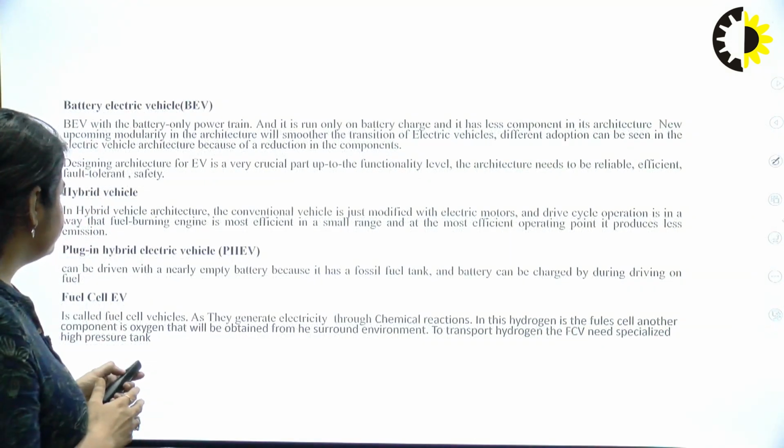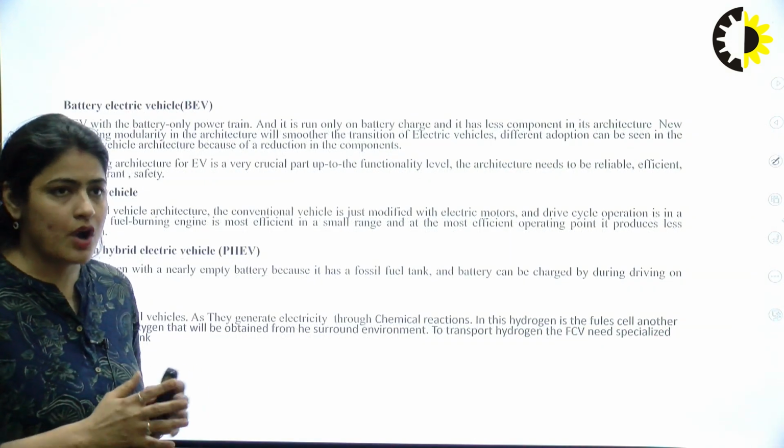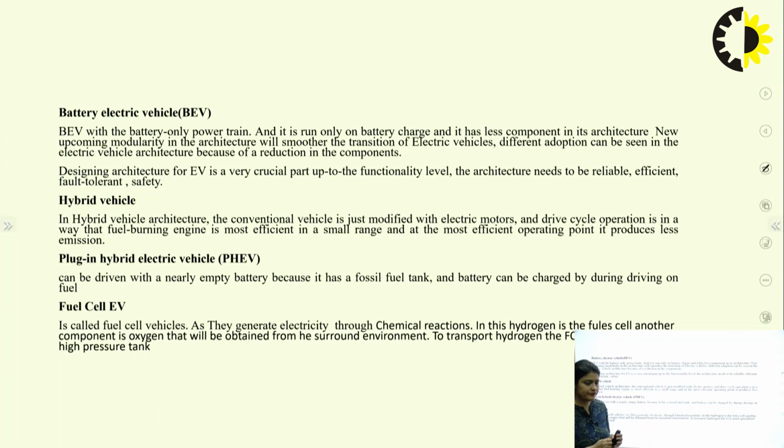And the hybrid electric vehicle is a combination; if you see the architecture inside, the main parts of this hybrid vehicle are the electric motor as well as the IC engine.